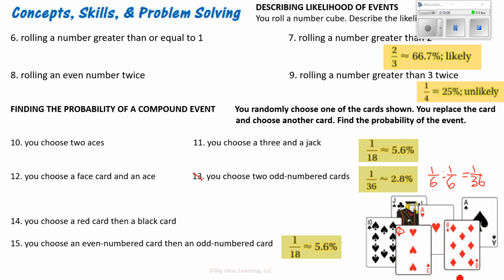Number 15, you choose an even numbered card, then an odd numbered card. All right, an even numbered card is going to be basically a 10, right? Because you're talking even numbers, and an 8. And then an odd numbered card. So the even numbers, if we're doing it the way that they were explaining it, we're going to be 2 out of 6. And we know that 2 out of 6 is really 1 out of 3.